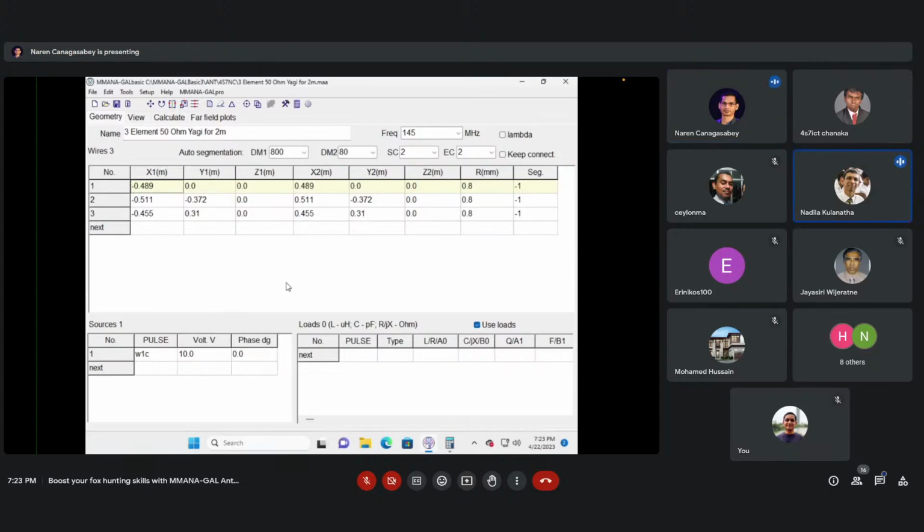Understood. Okay. So these measurements actually have a bearing on the length of the elements, on the antenna that we are designing right now. The Yagi has an interaction of the elements, which has a slight bearing on the dimensions that we've taken.